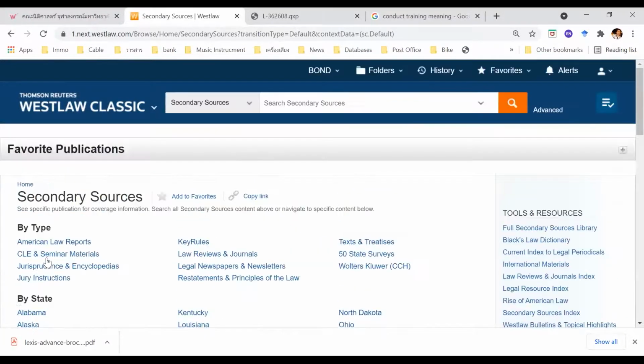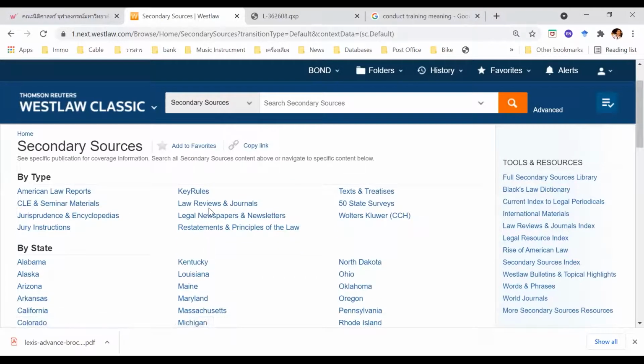Then you come into the secondary source page. There are too many choices to decide. So the better choice to start with when searching in Westlaw for the first time, I recommend, is law reviews and journals, because they use plain English that is easy to understand, not too difficult.